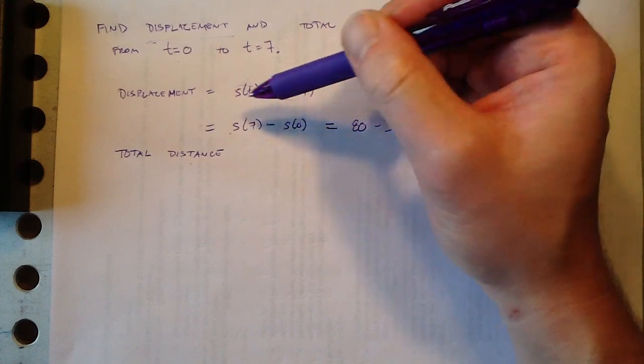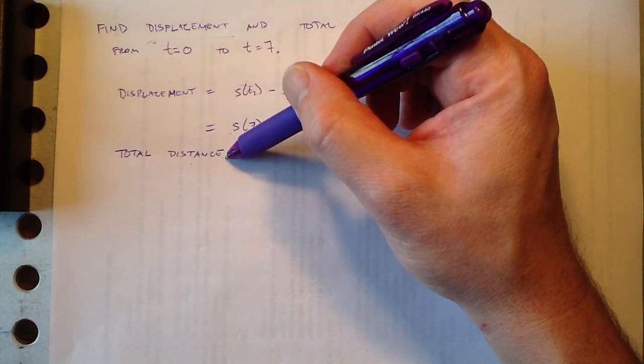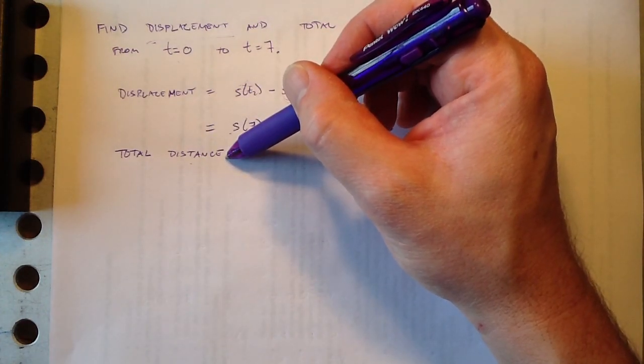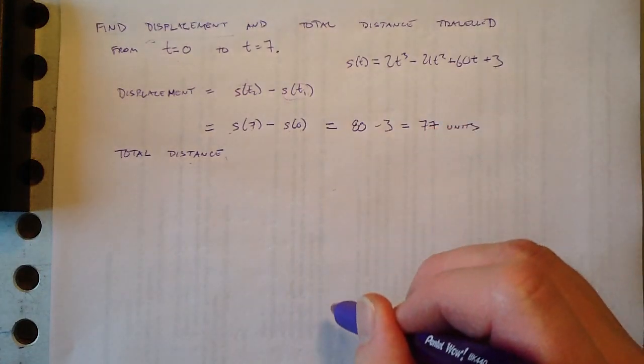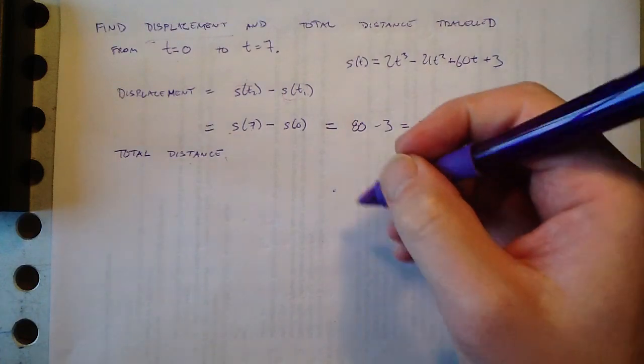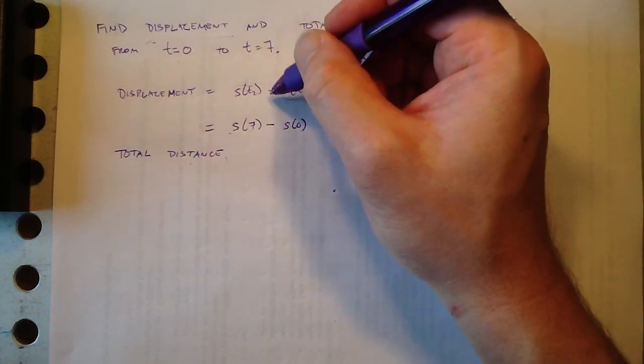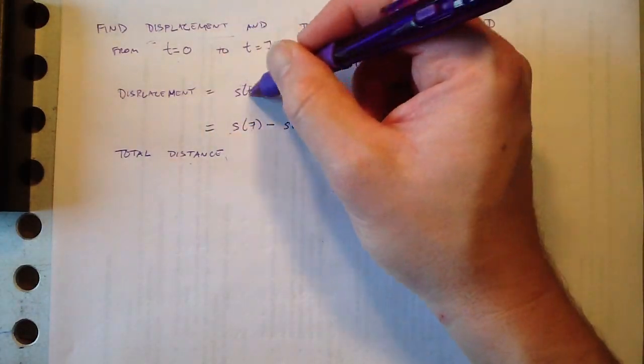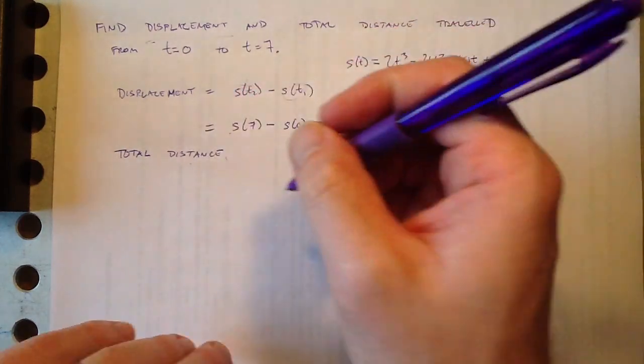That would be 0. But the total distance I traveled is 30 miles, right? Nobody's going to argue with the fact that I went 15 miles south and then came 15 miles back north. So I did, in fact, put miles on my car, about 30 miles. But my displacement is 0 because I'm at the same place. So how do we find total distance?